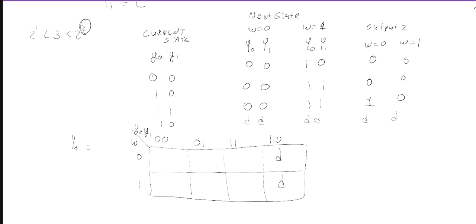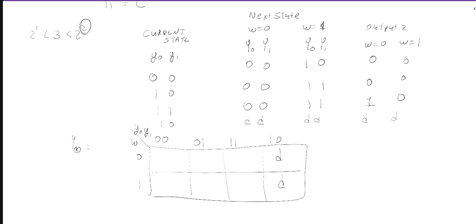Oh, I have these in the wrong order. I usually do Y1, Y0, so it doesn't really matter, but with the order I should have done Y1, Y0.